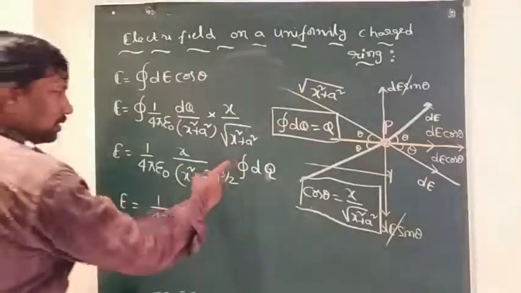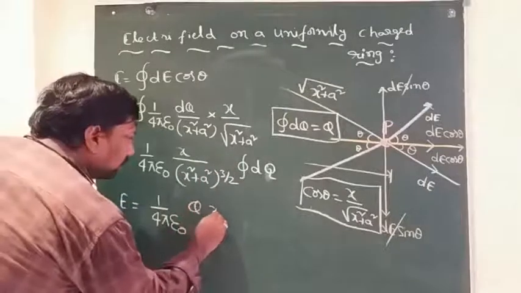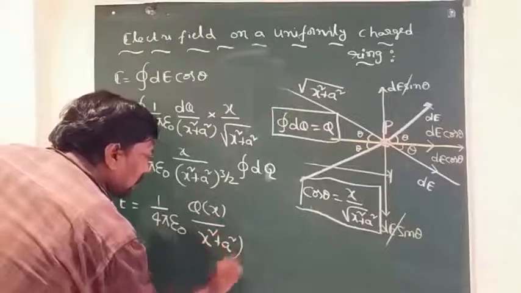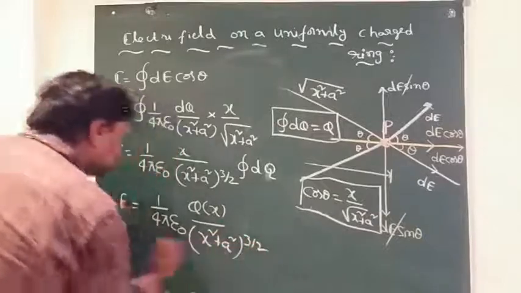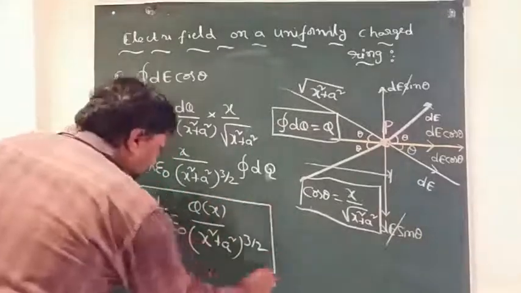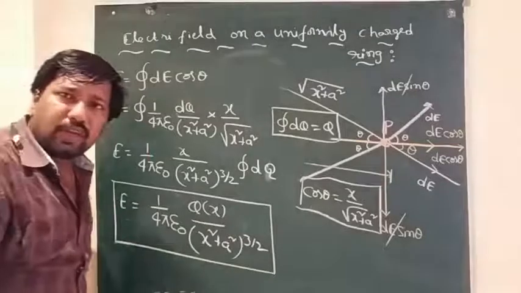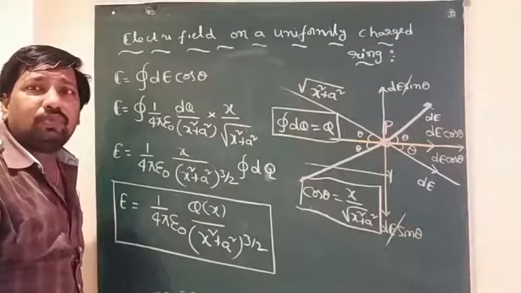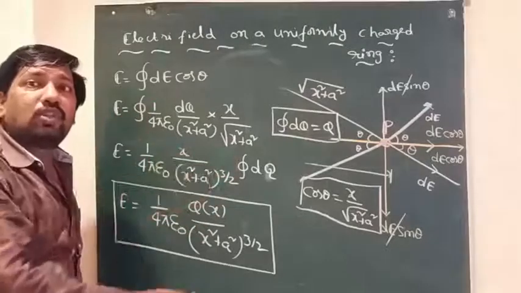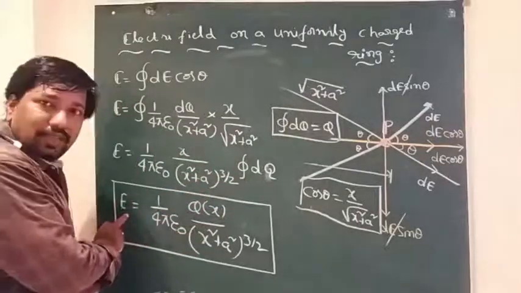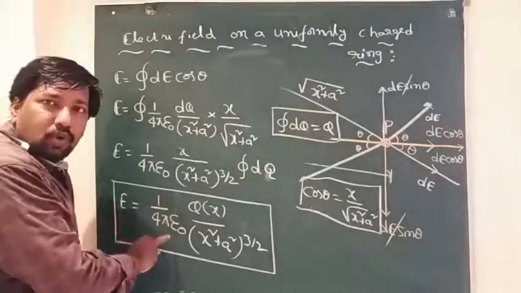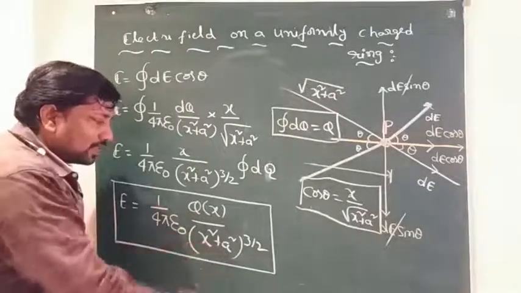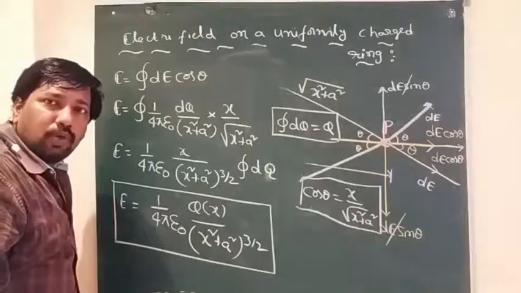So we get q into x by (x square plus a square) whole power 3 by 2. This is the electric field at point P on the axis of the uniformly charged ring: E equals 1 by 4 pi epsilon naught, q x by (x square plus a square) whole power 3 by 2.